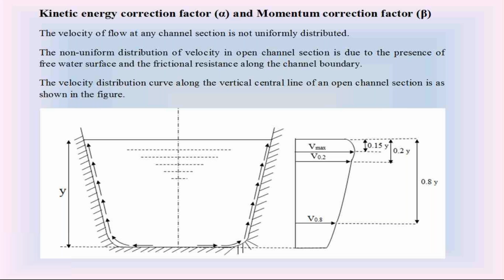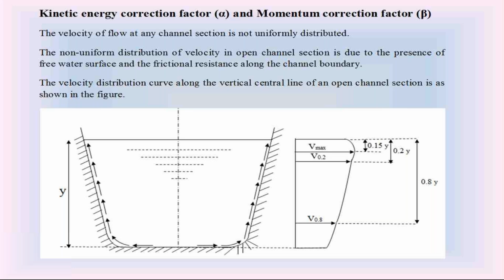By using that mean velocity, we calculate the kinetic energy. Once we calculate the kinetic energy using the mean velocity, it is not the actual kinetic energy. Similarly, once we use the mean velocity in the calculation of linear momentum, it is not the actual linear momentum.